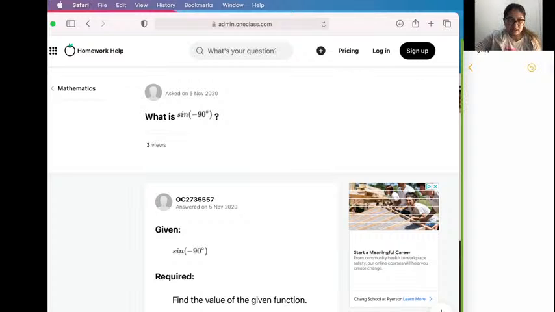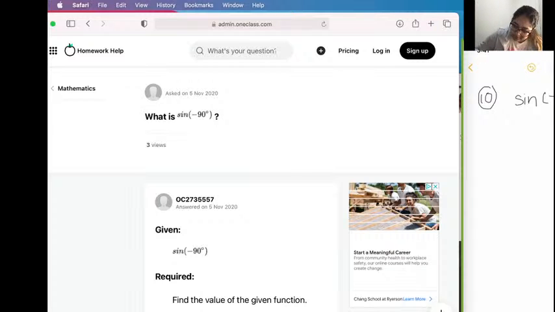What is sine? Question number 10. What is sine -90? Sine of -90. Okay, so since we're dealing with negative angles here, we want it to be positive.